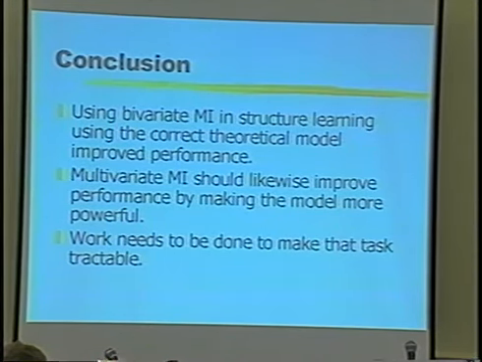Multivariate MI should likewise, if it's performed correctly, give us the same improvement that we got by doing bivariate MI in those ways. And then there is work that needs to be done to make multivariate mutual information faster.